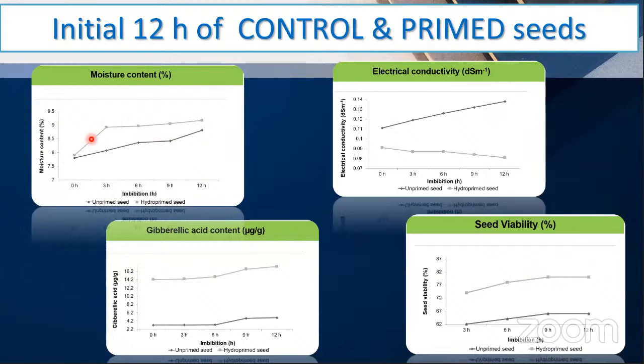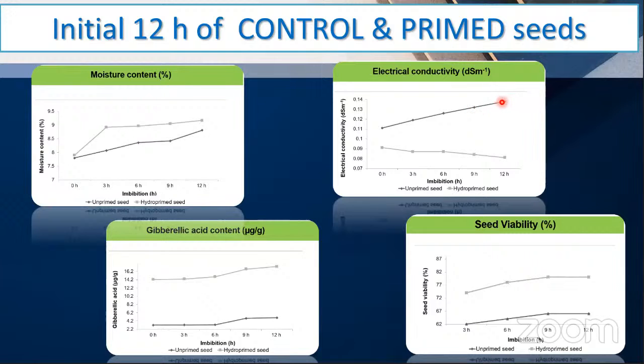When the imbibition is faster, the water will go and do all the necessary priming activity. You see, the electrical conductivity is actually low in the case of primed seed, whereas it is high in the case of unprimed seed.